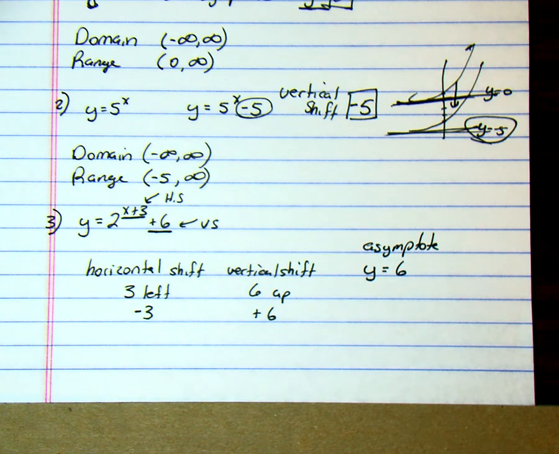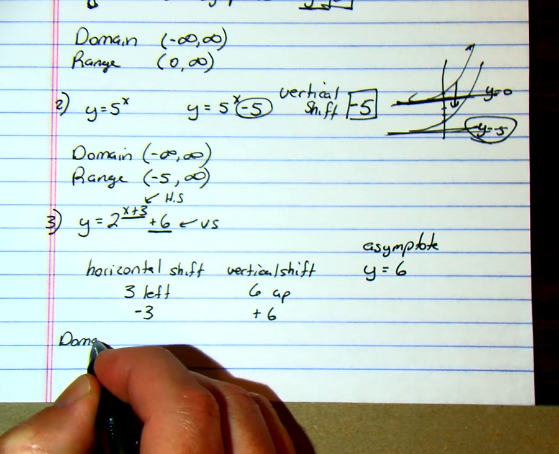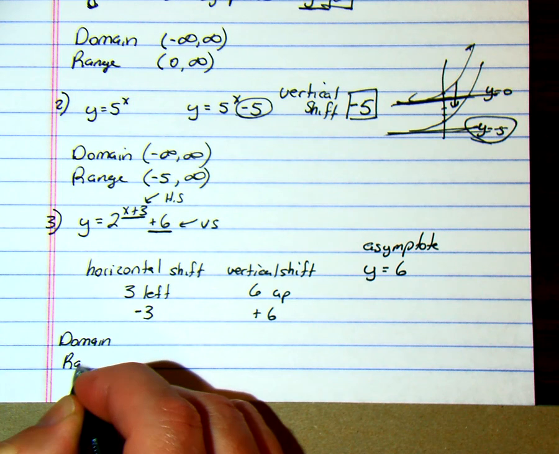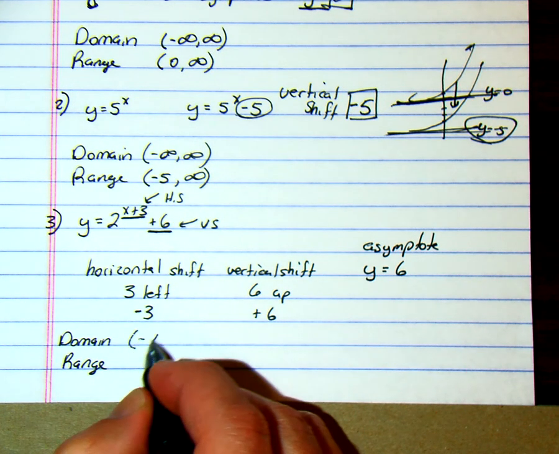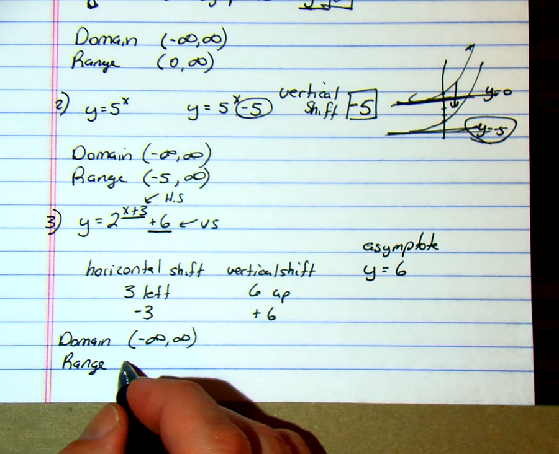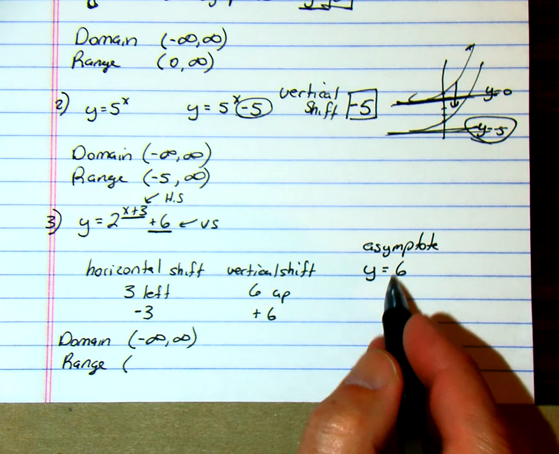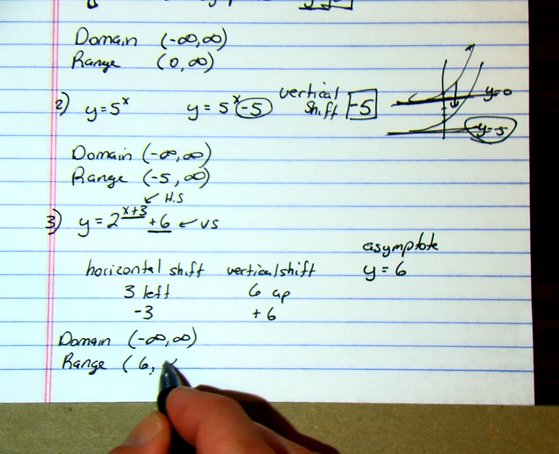That's going to take care of the first part. So my domain and my range. My domain again is going to be all reals. We're not affected. The exponential function doesn't have restrictions. This one got shifted up 6 units, so that means 6 is going to be my lower boundary, and it goes up to infinity.